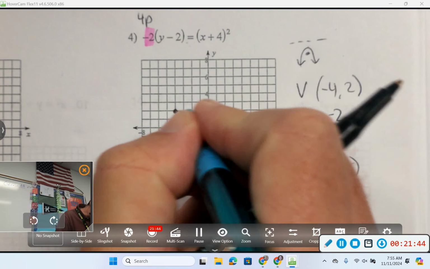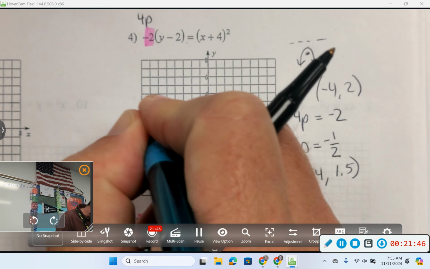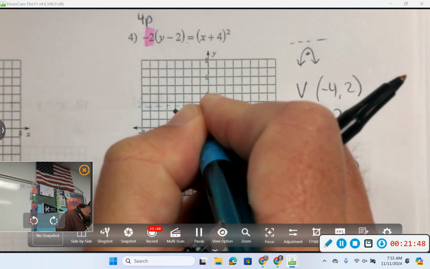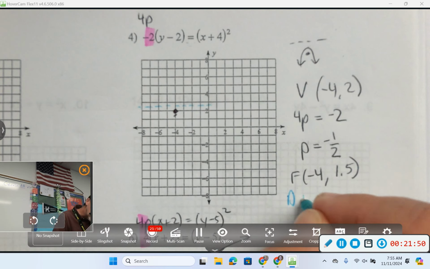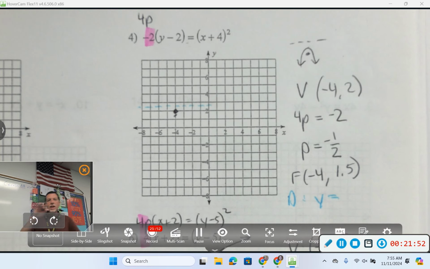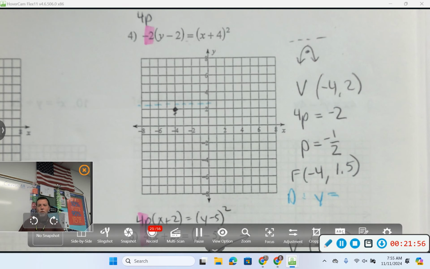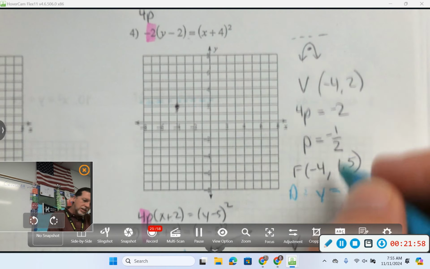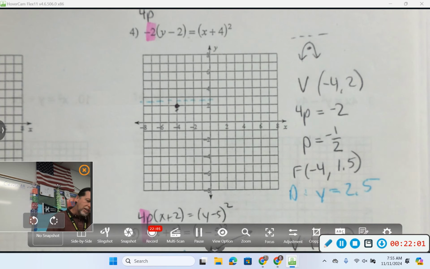The directrix is on the other side. Careful, half away still. That's a y equals line because it's horizontal. We went up a half from 2, so that put us at 2.5. And then how far away are the endpoints of the latus rectum from the focus?